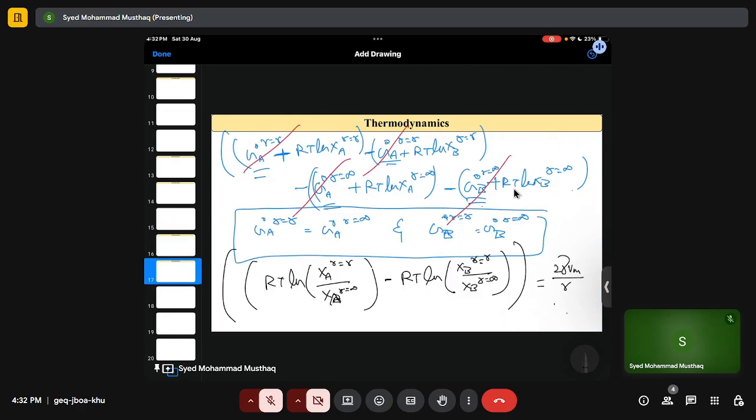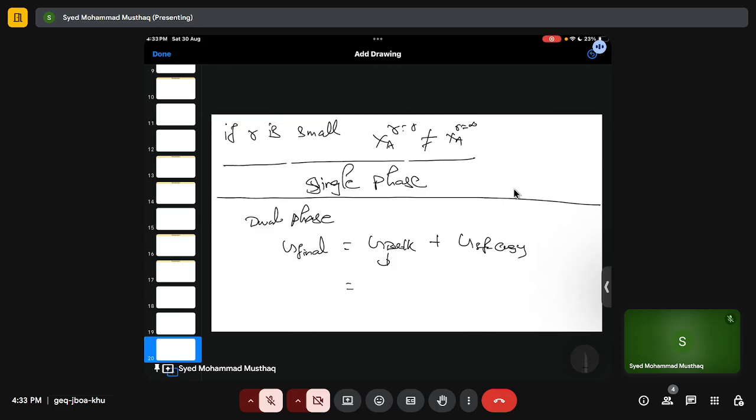So if I write the same term here, mu A Na is the chemical potential of A in alpha times the number of moles of A in alpha, plus the chemical potential of B in alpha times the number of moles of B in alpha.